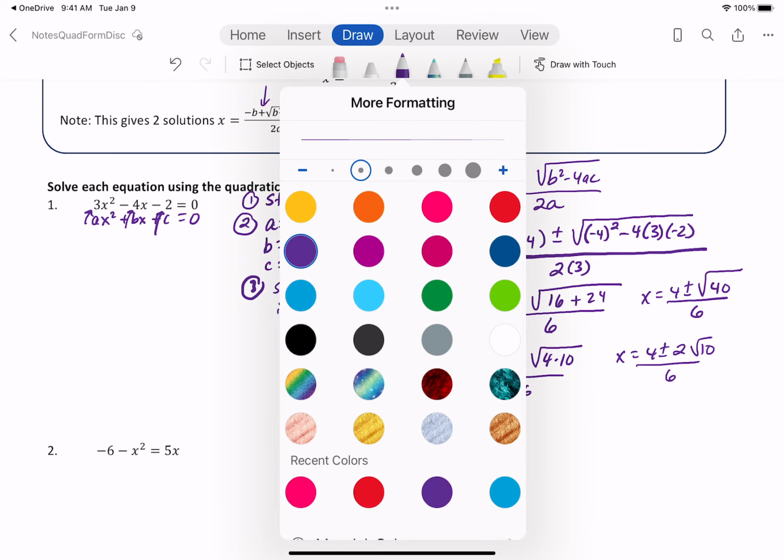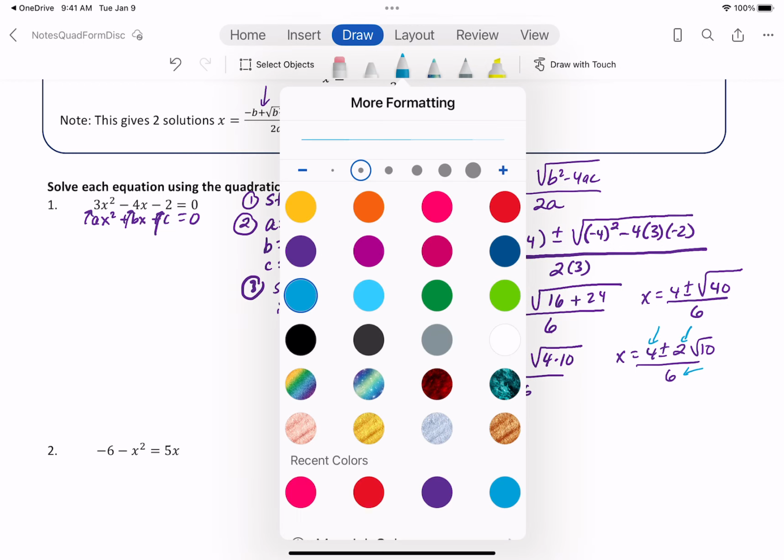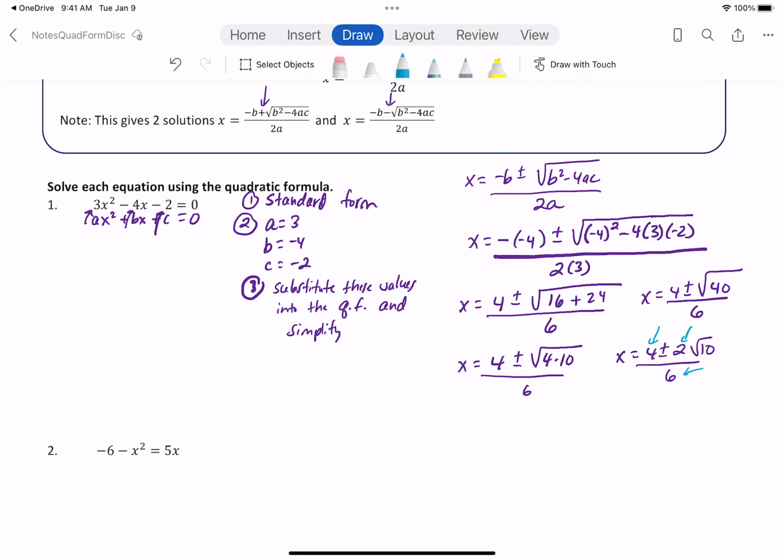And then if you notice this, all of the terms in this expression are even, so we know that we're going to have a common factor. I would prefer if you do this next step the way that I'm showing it.